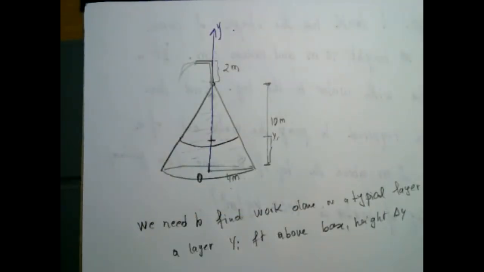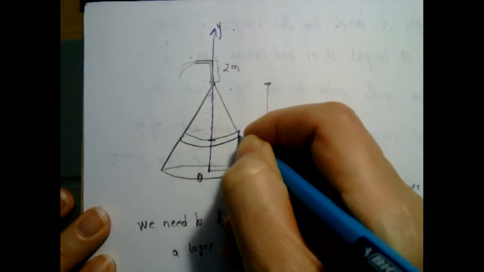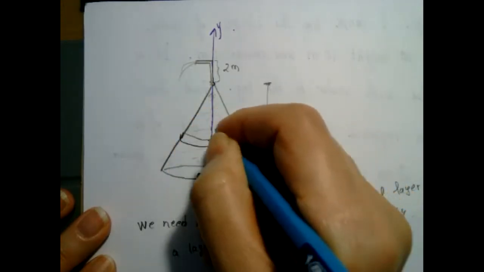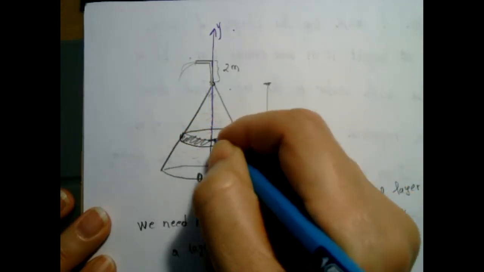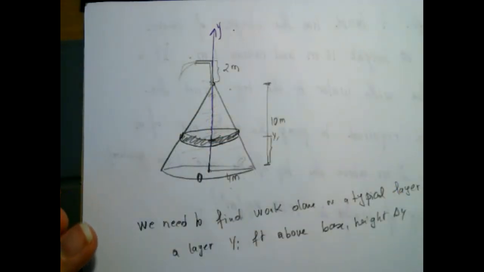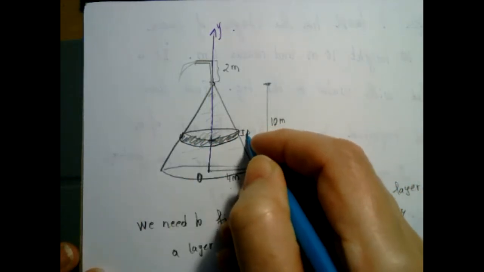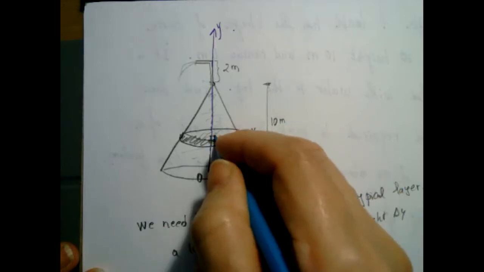You have this cone, and you are cutting it horizontally into layers. This is my layer right here, and that's what I'm going to focus on. I forget about the water everywhere else. This is the only layer, this little piece that I need to focus on. So this is my delta y.